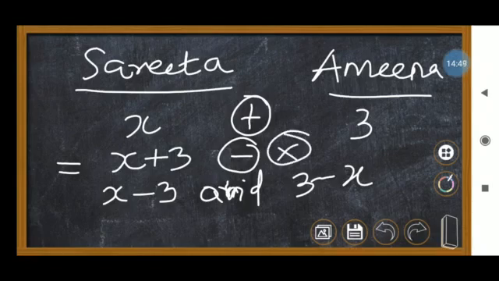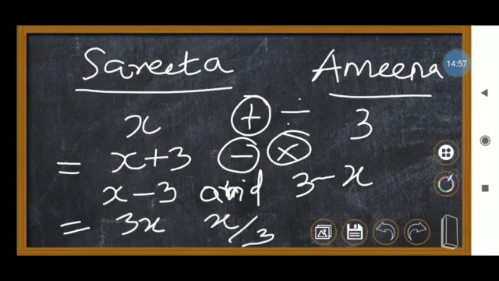If you multiply X into 3, we get 3X. If you divide, X divided by 3 is X by 3, and 3 divided by X is 3 by X. So we can form various expressions using various operations. Can you understand, students? In the next slide we will solve some examples. Until then, you have to wait.